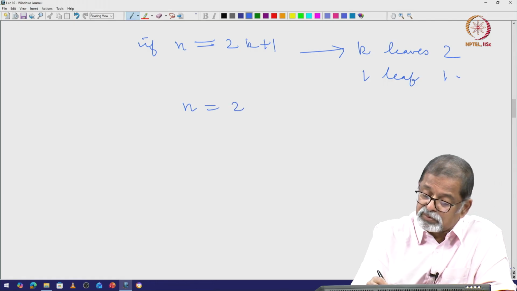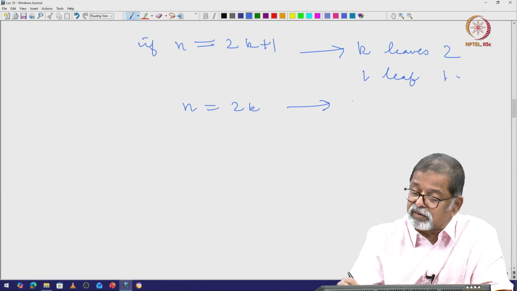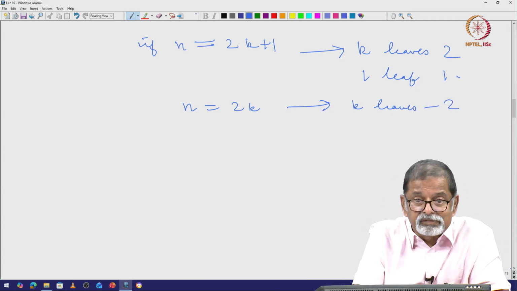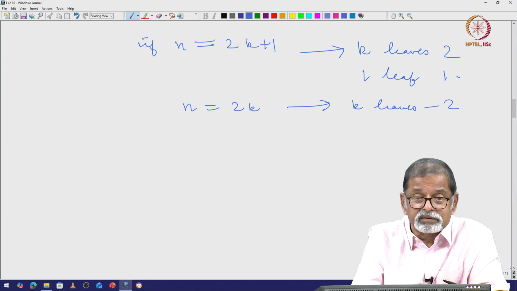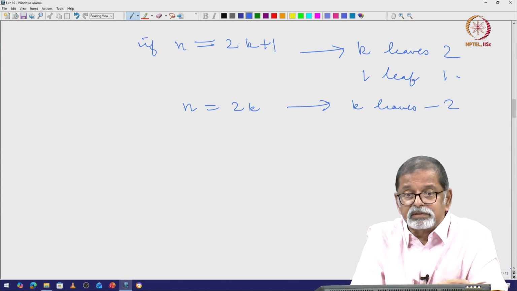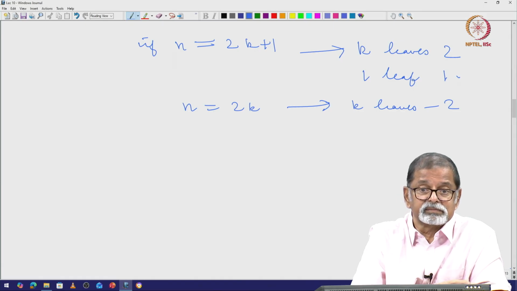If n equal to 2k, this will have k leaves of weight 2. There will not be any leaf with weight 1 at all, because n equal to 2k will have only k leaves, each with weight 2 minimum.